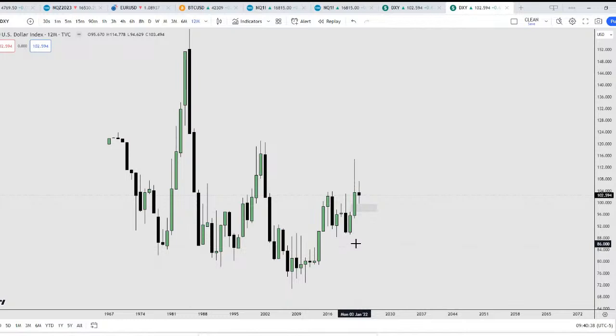At which point would I be wrong? If this down close candle here is traded through. Why? Take a look at this.